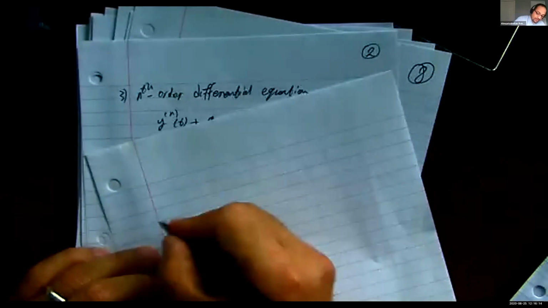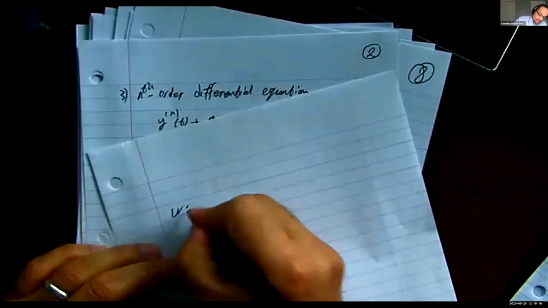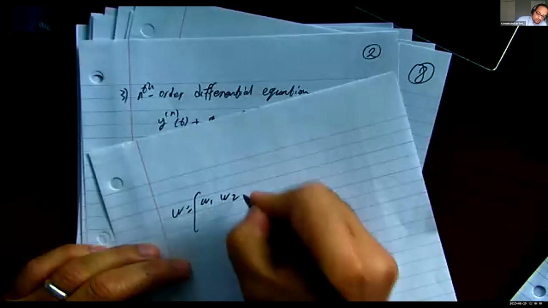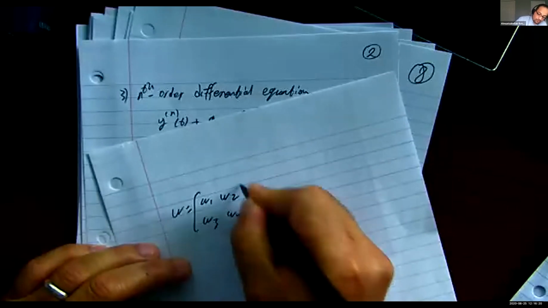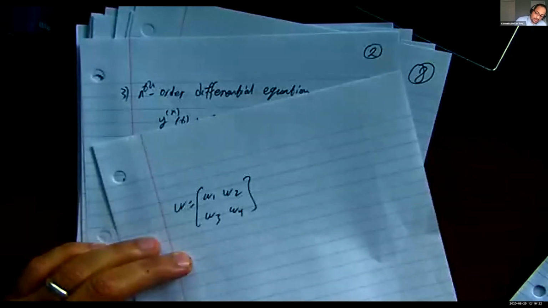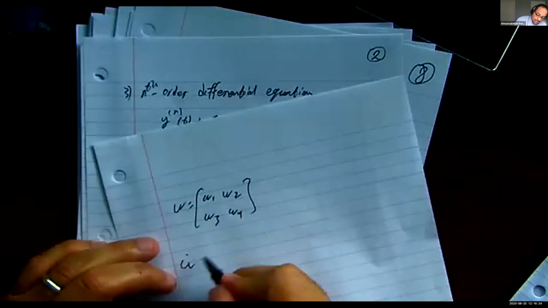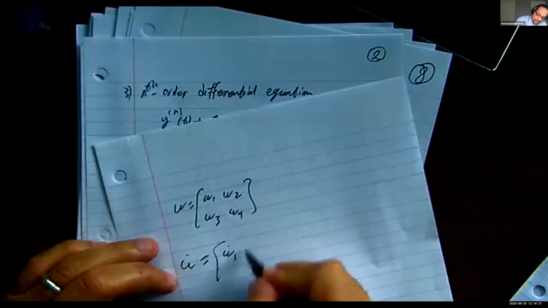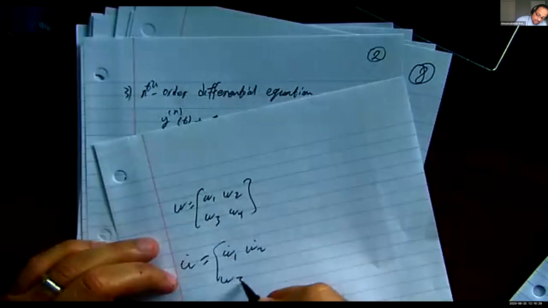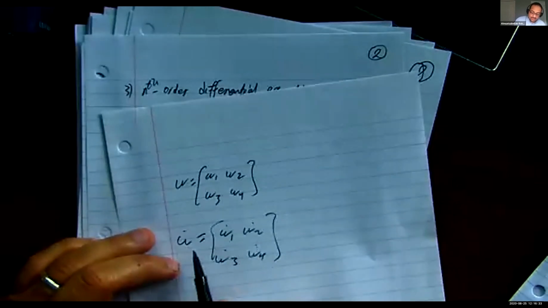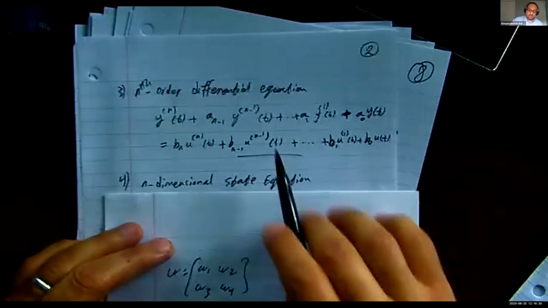Now you could have a case where W is equal to W1, W2, W3, W4, and W dot is equal to W1 dot, W2 dot, W3 dot, W4 dot. Can this satisfy an equation of this form?